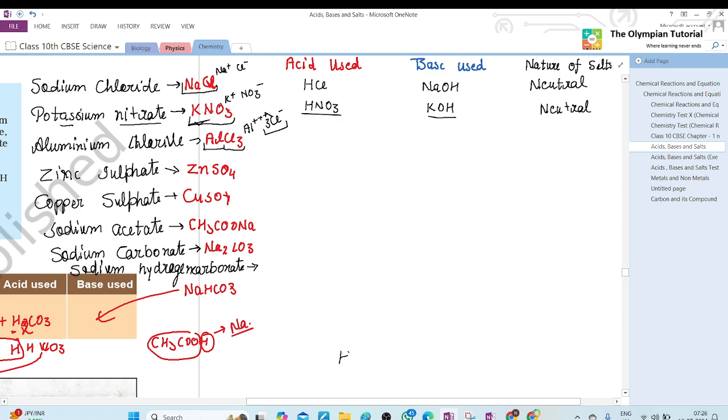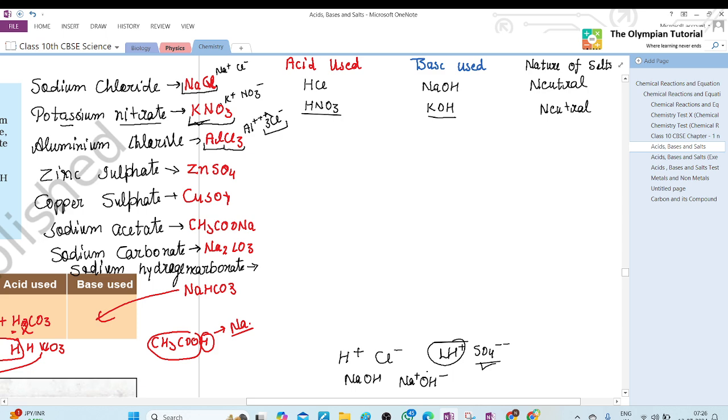Students, in case of acid we have hydrogen ion, so the positive ion is hydrogen. Are you getting my point? The remaining one is negative, which is used to form salts. In case of base, negative is OH minus.